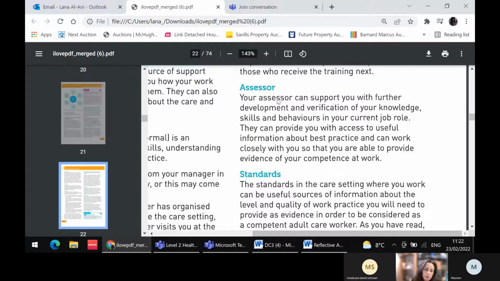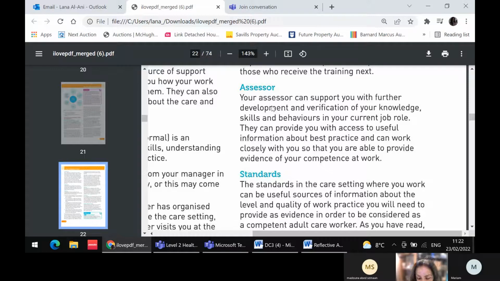So for you to pass the course, I will need to come and visit you in the workplace at least once. So your assessor can support you with your further development and verification of your knowledge, skills, behavior.